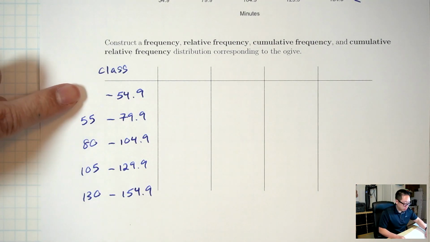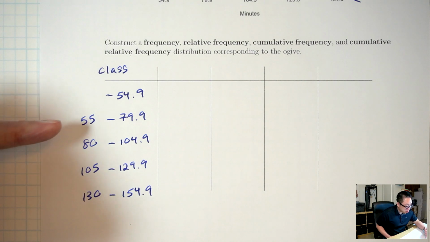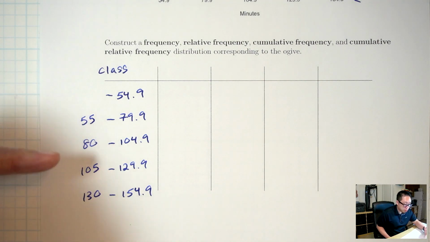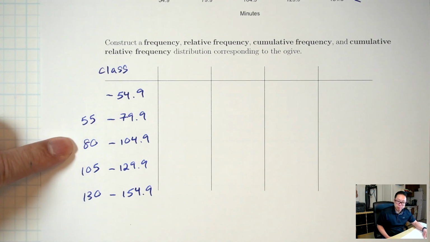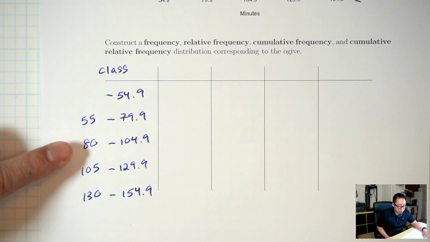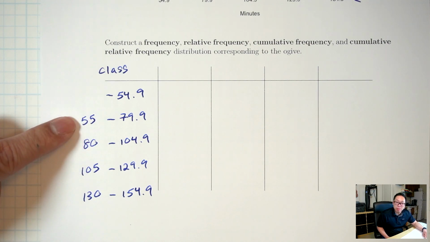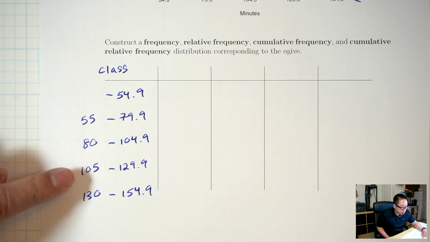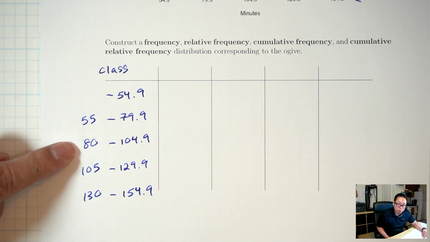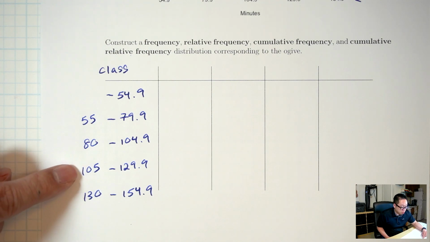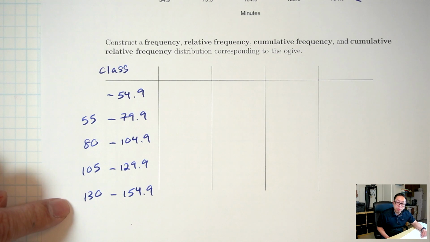So to find this first lower limit, figure out what your numbers are going up by. What are your lowers going up by? So from 55 to 80, that's going up by how much? To figure it out, just subtract. 80 minus 55 is what? I think it's 25, right? From 80 to 105 is going up by how much? I think it's going up by 25 also. 105 to 130 is going up by 25.